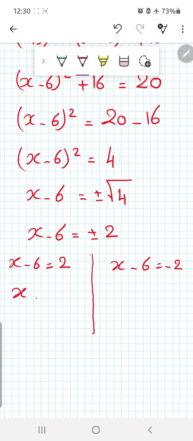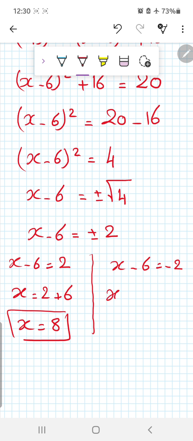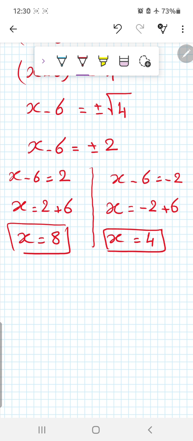First, move negative 6 to the other side as positive, so 2 plus 6 equals 8, so x equals 8. Also, moving negative 6 to the other side as positive, negative 2 plus 6, x equals 4. So x here has two values, 8 or 4. Thank you.